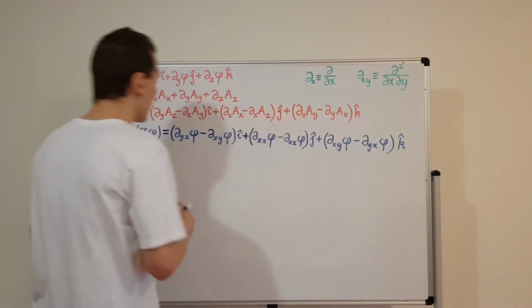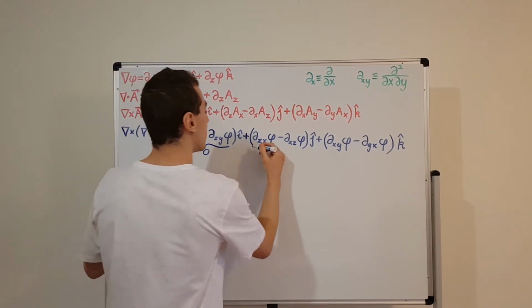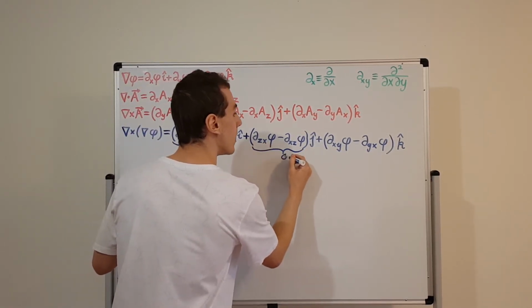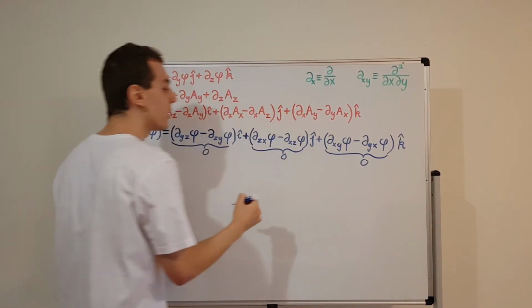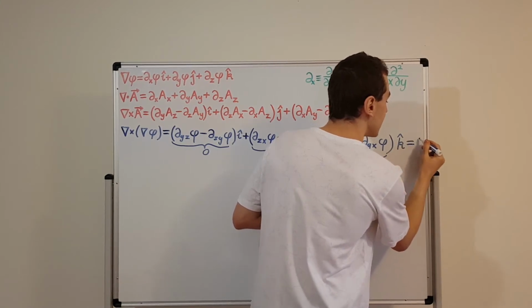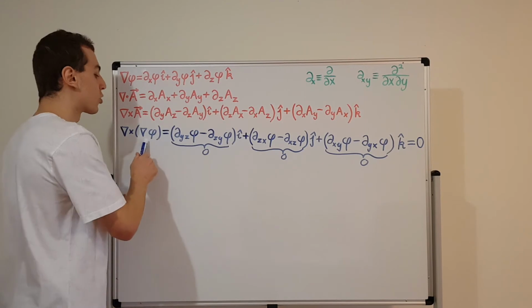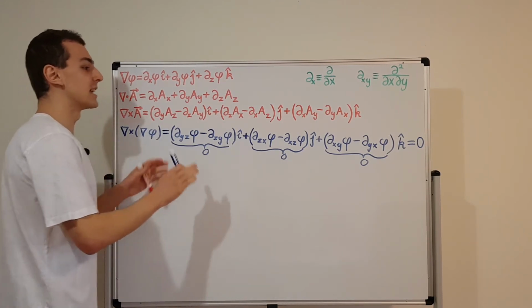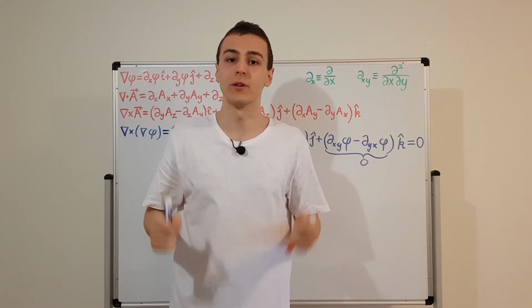So all of these guys are just going to go to 0. The x component, the y component, and the z component are all 0, and that means this is equal to 0. So the curl of the gradient of some scalar field is always going to be 0 if you're allowed to swap the order of the derivatives.